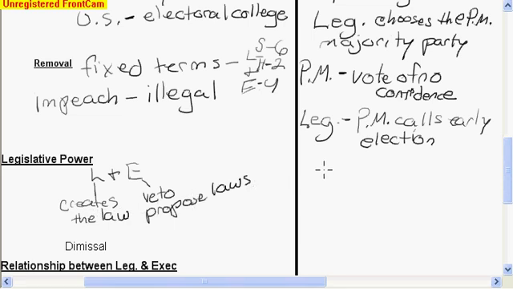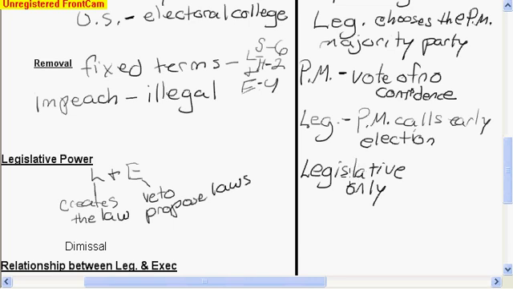Now, moving over to parliamentary system in terms of legislative power, only the legislative branch has the ability to create laws, make laws within the system. So we would not have a prime minister who's able to veto any type of legislation.